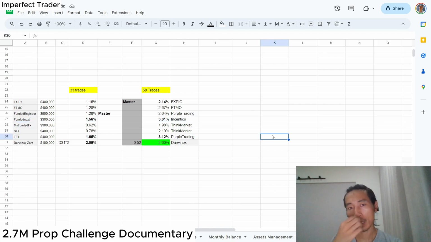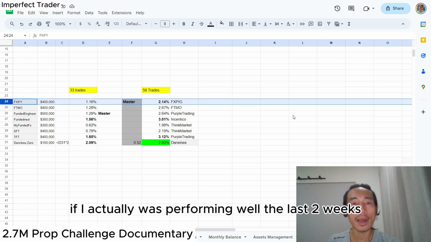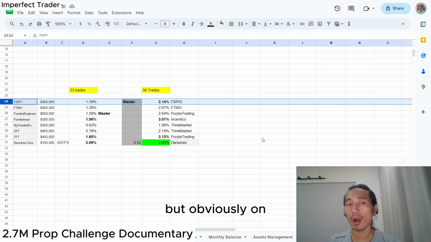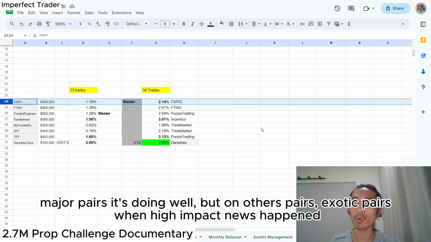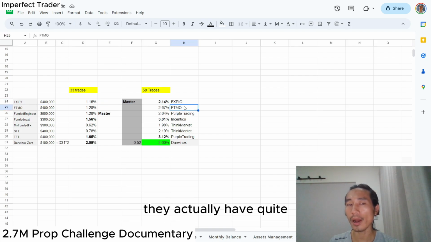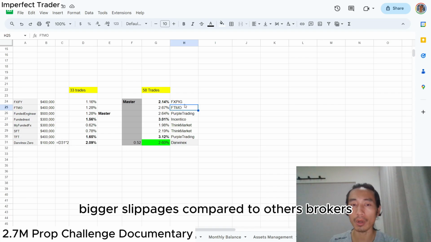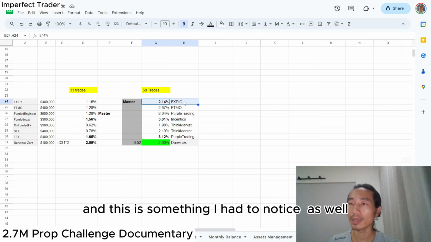FXify was performing well the last 2 weeks, but on major pairs maybe it's doing well, while on other pairs, explosive pairs, when high impact news happens, they have quite bigger slippage compared to other brokers, and this is something I had to note as well.